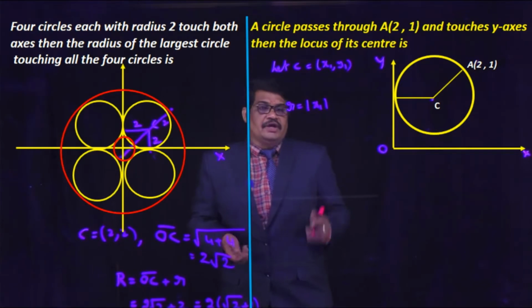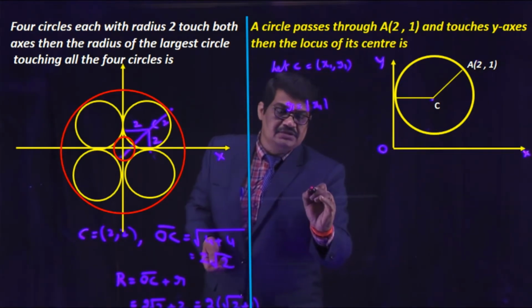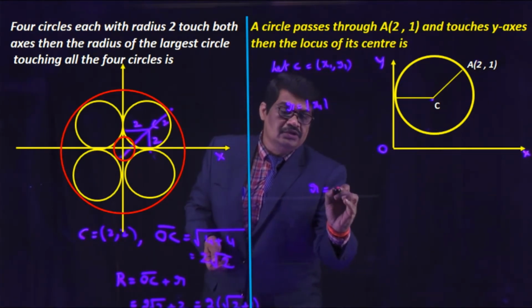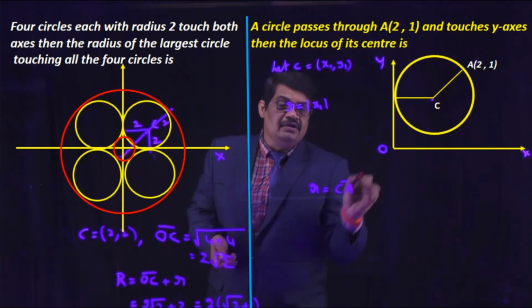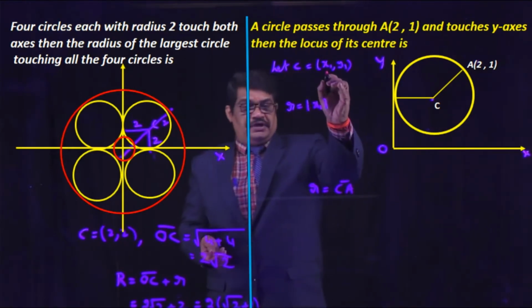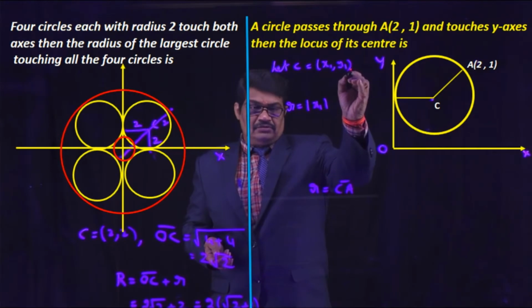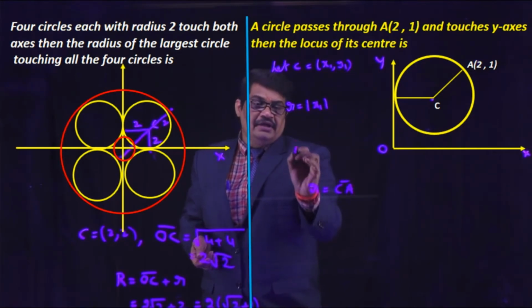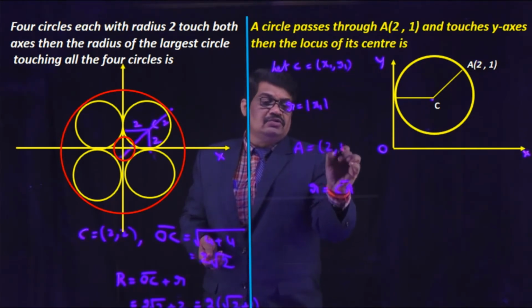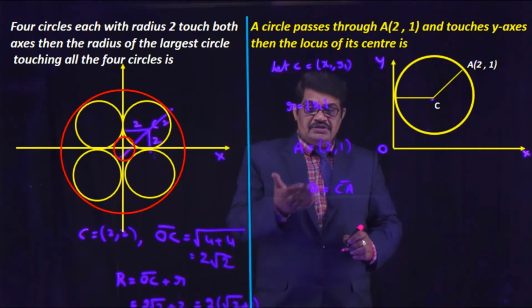Now we are equating the radius. R is equal to CA. What is point C? That is x1, y1. And A here has coordinates 2, 1. Now what is the distance?